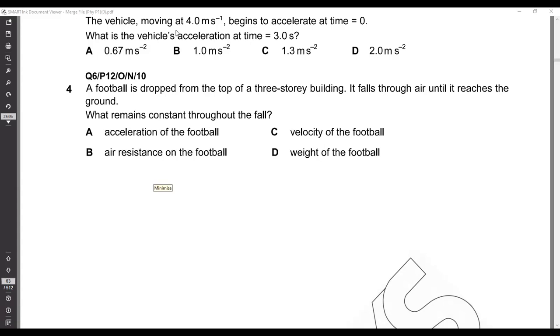It falls through air until it reaches the ground. What remains constant throughout the fall? The velocity of the football, the air resistance on the football, or the weight of the football.